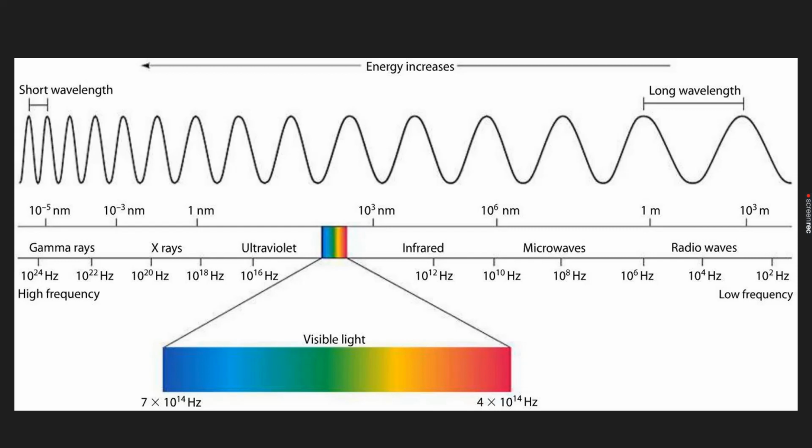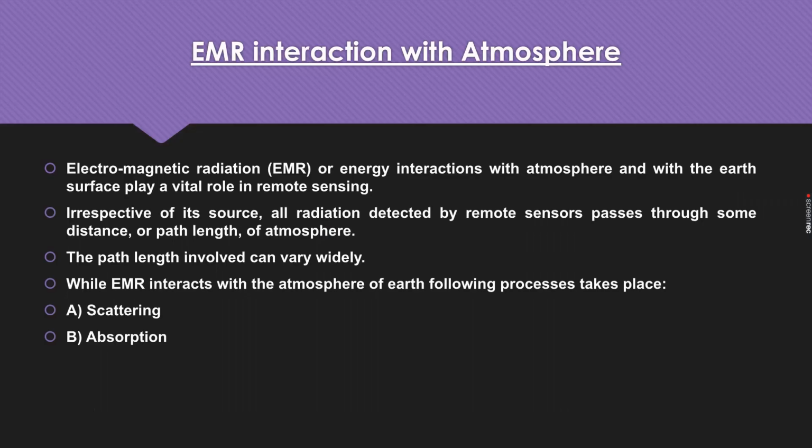Here we can also see the inverse relationship between frequency and wavelength. At gamma rays, the frequency is the highest but the wavelength is the shortest. Whereas in radio waves, the frequency is the lowest but the wavelength is the longest. So this is a figure which shows the electromagnetic spectrum.